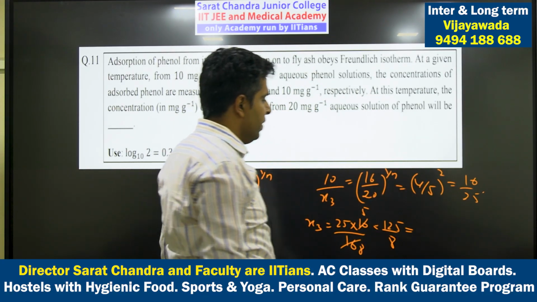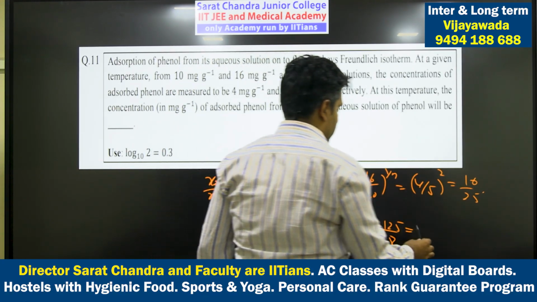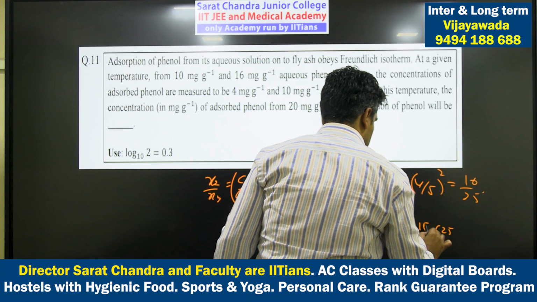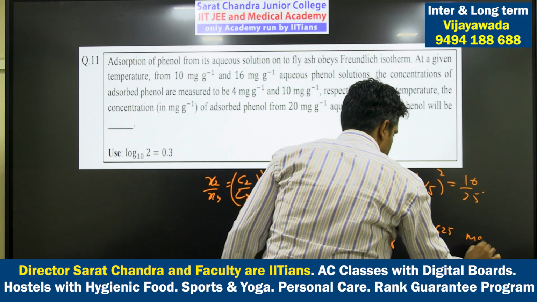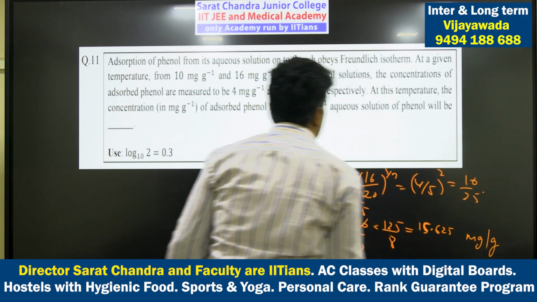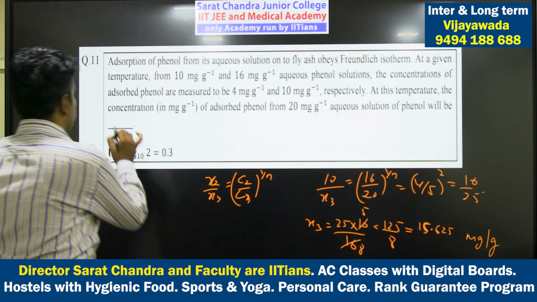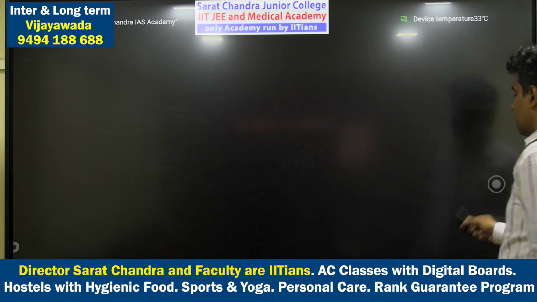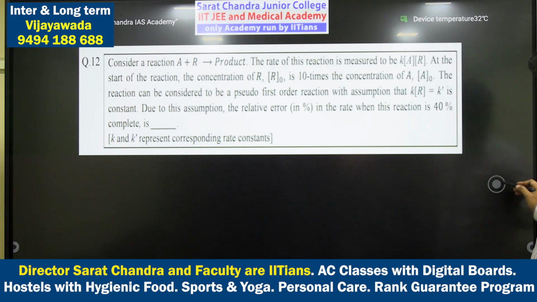So 125 by 8 will come out to be 15.625. So the answer will be 15.625 milligrams per gram.